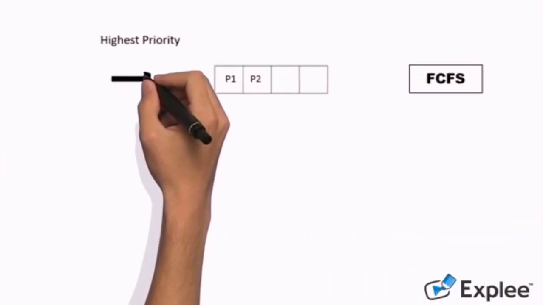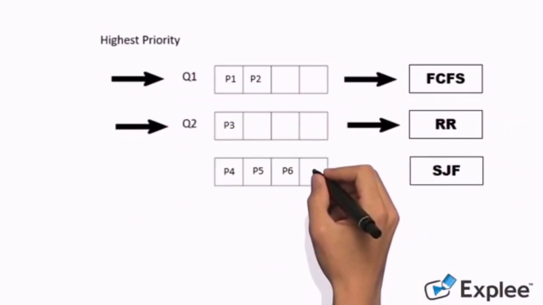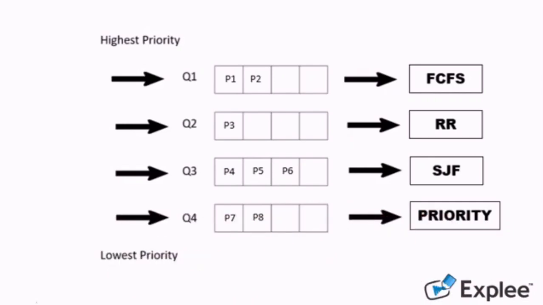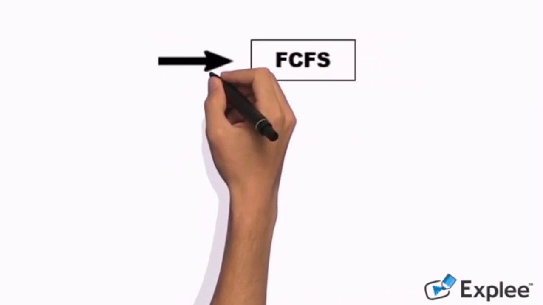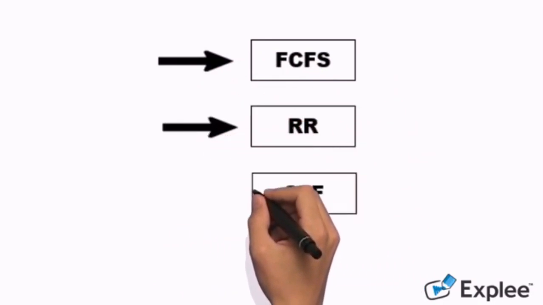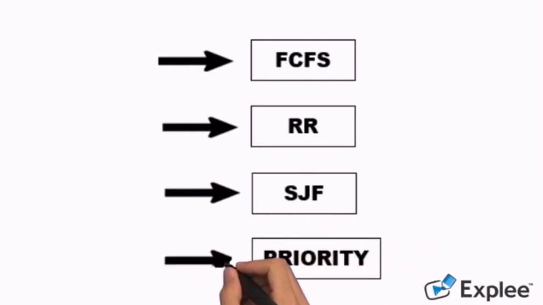There might be a different CPU scheduling algorithm in each queue. So, here we use FCFS, RR, SJF, and priority. FCFS represents first come, first serve, RR represents round robin, and SJF represents shortest job first.